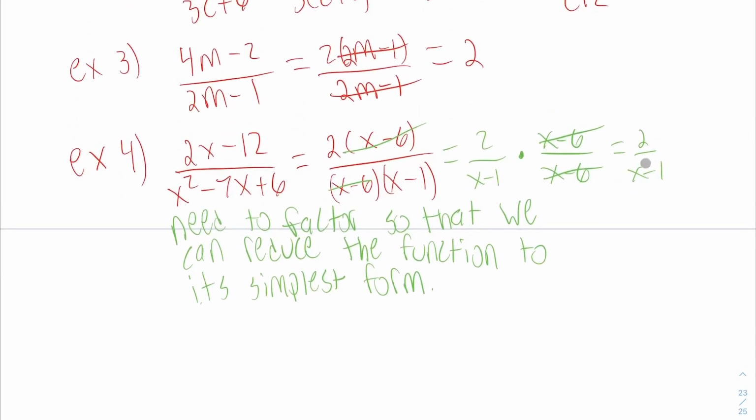Here in 2 over x minus 1, it's really easy to find the x that I cannot plug in: we can't have 0 on the bottom. We don't want that. So if we were going to make a graph of this, we would not want x minus 1 equal to 0, which means we do not want x to be equal to 1. If we graphed that, this would be undefined.